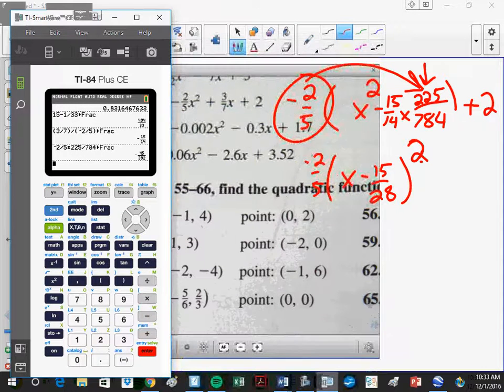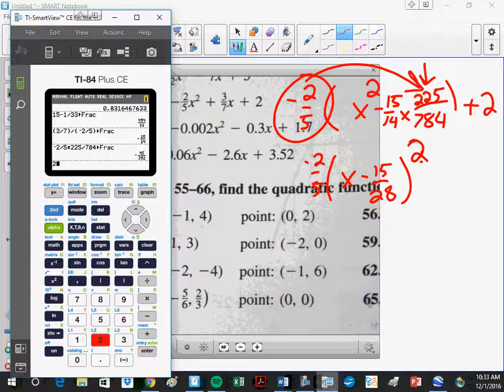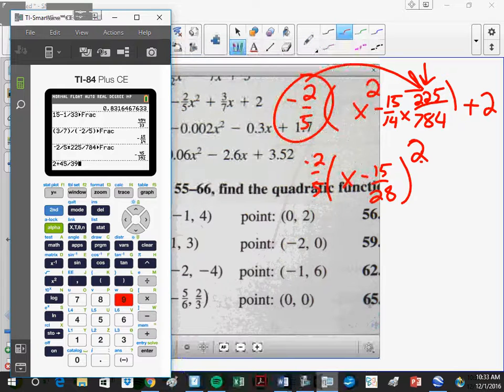What do I do with that number? So I should put my 2, and then what? Plus 45 over 392. Why did I add it?